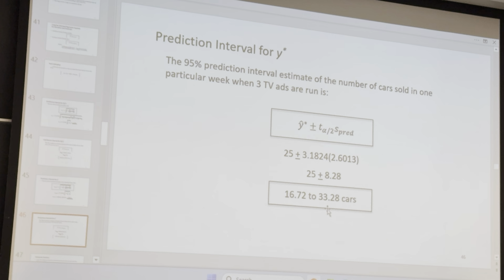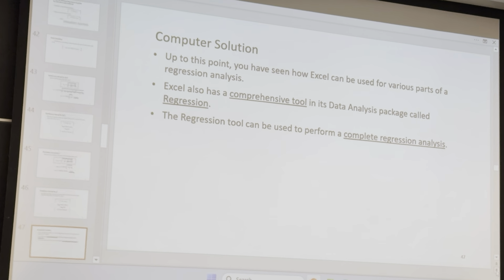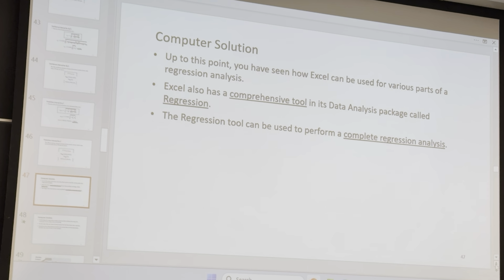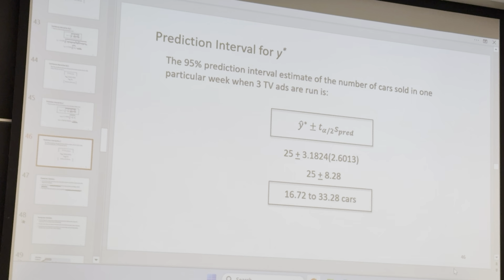Now, Excel is not going to give you this. The calculation for this is pretty time consuming, okay? So I just did this for your information. Minitab gives you this, but we are not using Minitab over here, as it's a statistical package.